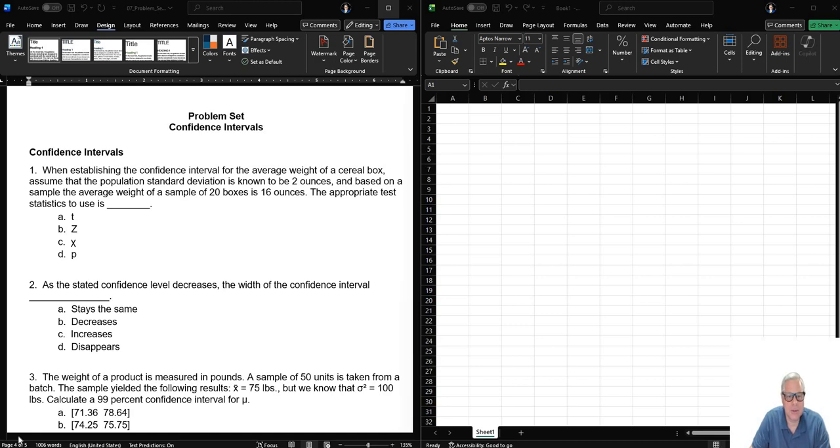All right, let's turn to the problem set on confidence intervals. And as you can see, I also opened already an Excel sheet, and we can use Excel to identify critical T's and areas under the T distribution.